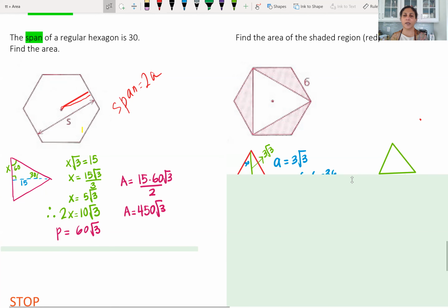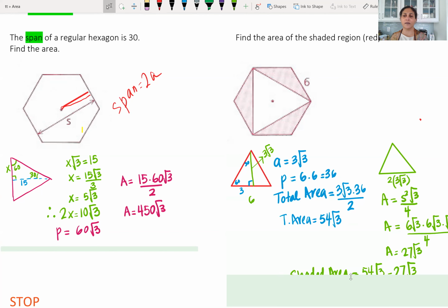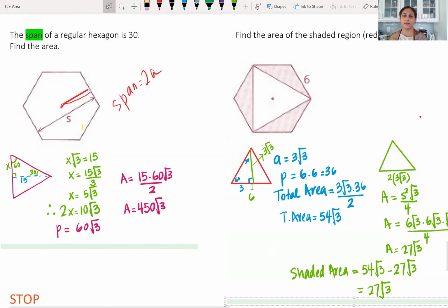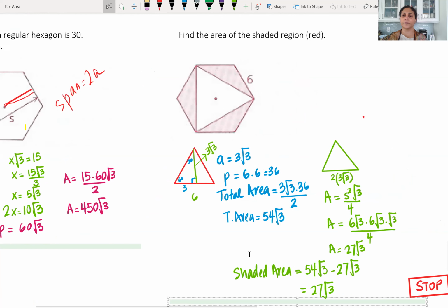I've drawn one of the triangles, and the base is 6. Therefore, half the base is 3. So the apothem is 3 radical 3. And since each side is 6, the perimeter is 36. So your total area turns out to be 54 radical 3.